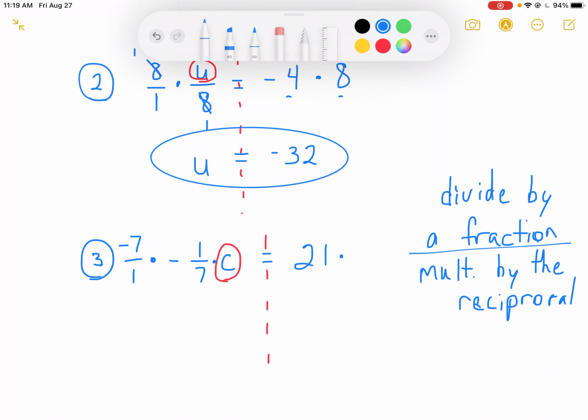Negative 7, so negative 7. If I have my equal sign and my two sides of the equation, negative 7 and negative 7 on the top and the bottom is going to turn into positive 1c. On the right-hand side, I'm going to multiply negative 7 times 21, which is going to turn into a negative number, and it's going to be negative 147.